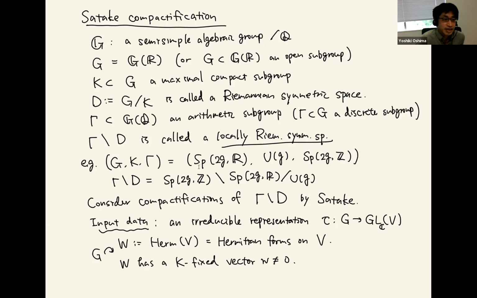For example, if you take Sp(2g, R) for G, then the maximal compact group is the unitary group U(g), and we may take Γ to be this one, and then the obtained locally Riemannian symmetric space is A_g, the Siegel modular variety.